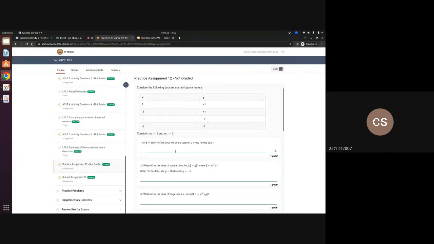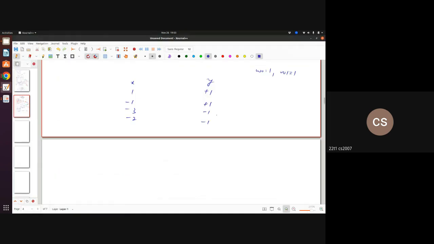Now, we know what 0-1 loss is, but it is given as well. Y hat is equal to sign of W transpose X. What is W transpose X? It is W1 x1 plus W0, right? Here, this is x1.